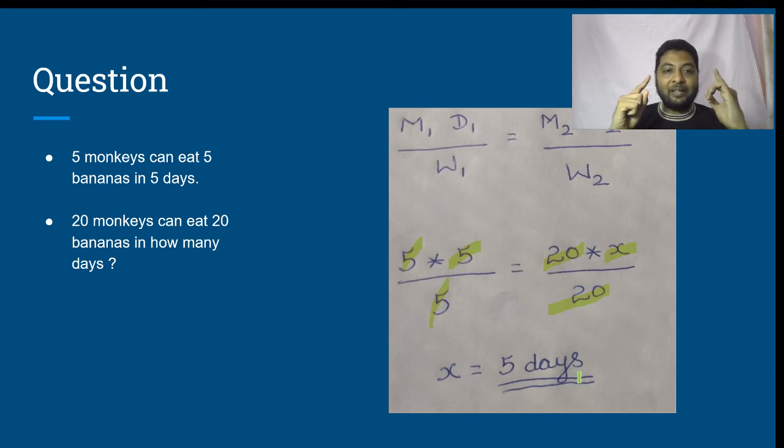When 20 monkeys are there, 4 bananas get over every day. So for 20 bananas to get over, how many days? 5 days. The same question can be solved in many different ways if we understand the concepts very clearly. That is why understanding the meanings of the terms is extremely important, my friends.